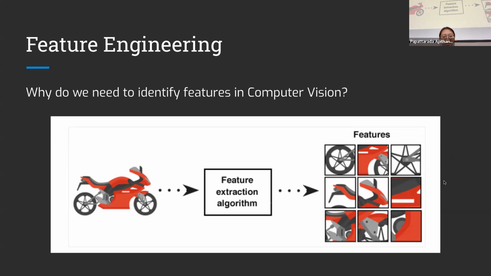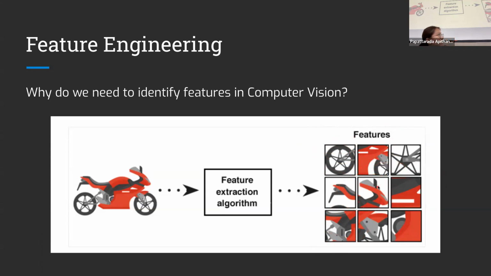You're supposed to identify the features for them so that the computer can recognize that this is a feature they should look out for whenever they are trying to classify if something is a motorcycle or not. We can extract a couple of features from our motorcycle, for example the wheel, maybe the engine, or even the windshield in front of it.